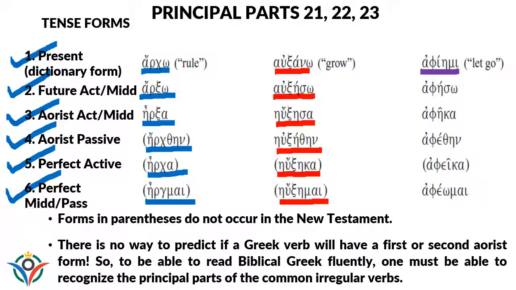So we have aphiemi, apheso, apheka, aphethen, apheka, and apheomai. Remember that when we look at principal parts, our goal is not to memorize them, but to become familiar with them so that we'll be able to become more fluent in our reading of the Greek New Testament.